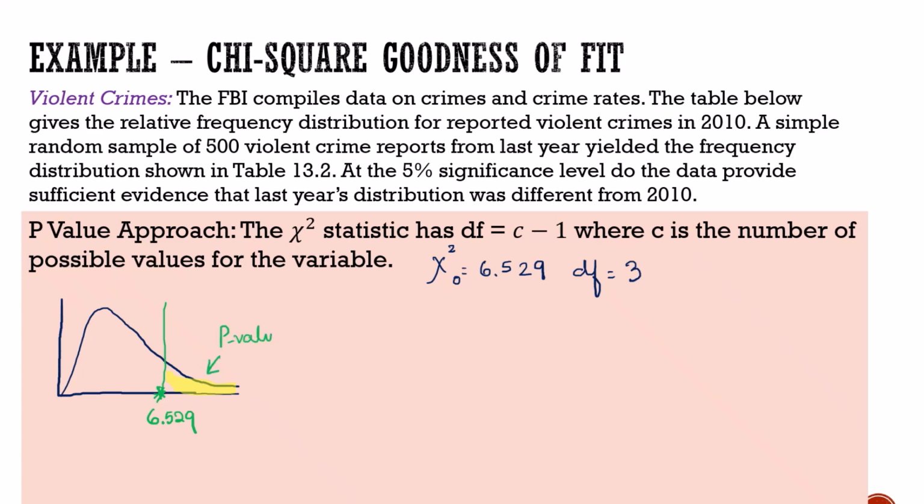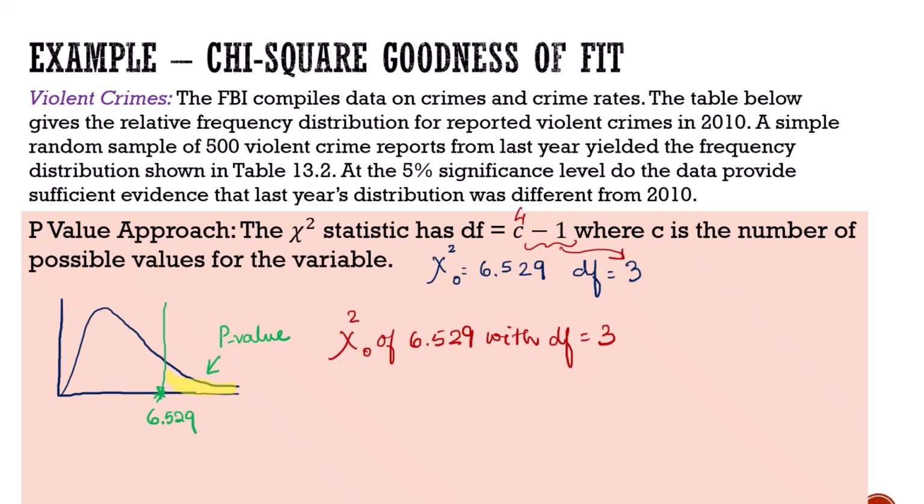Now, when I used my calculator to find the p-value, we are essentially finding the p-value of chi-squared sub 0 of 6.529 with df equals 3, correct? Degrees of freedom was equal to 3 using the formula c minus 1, where c was equal to 4.